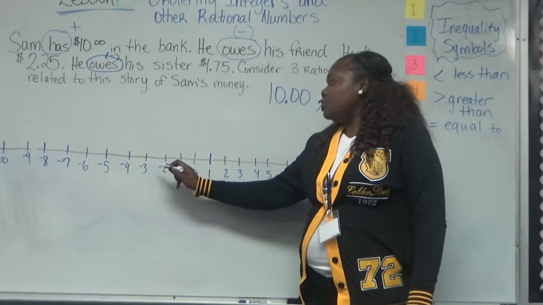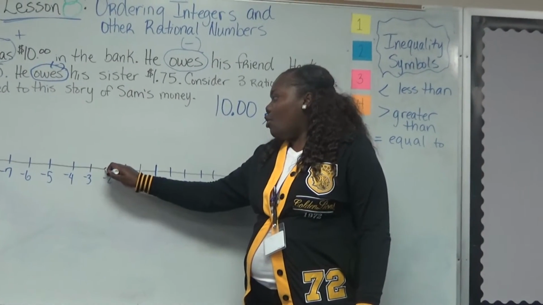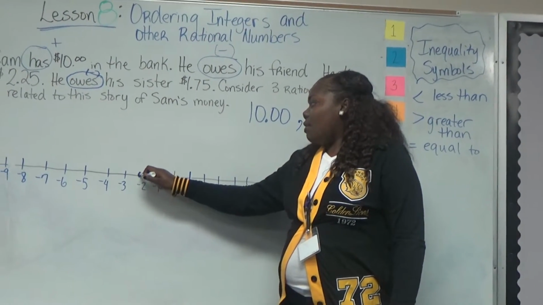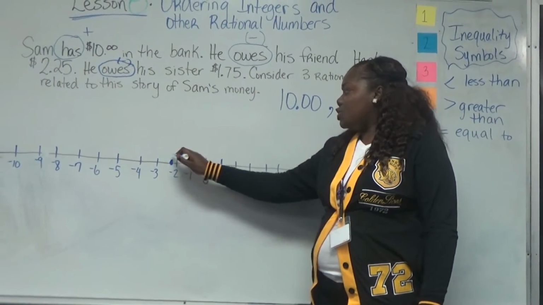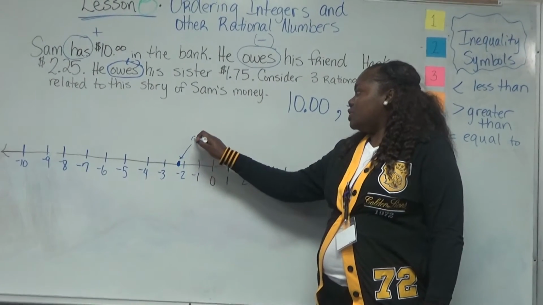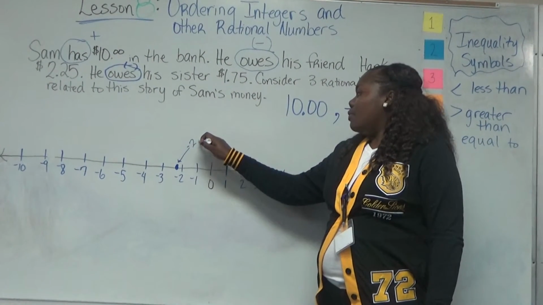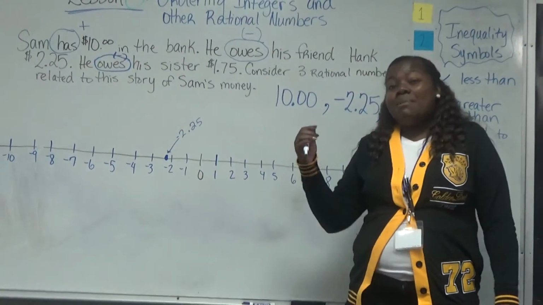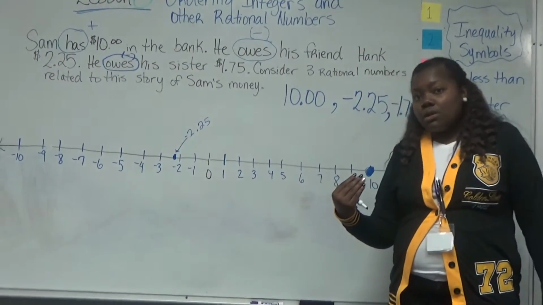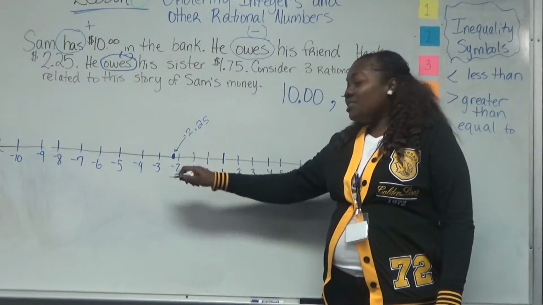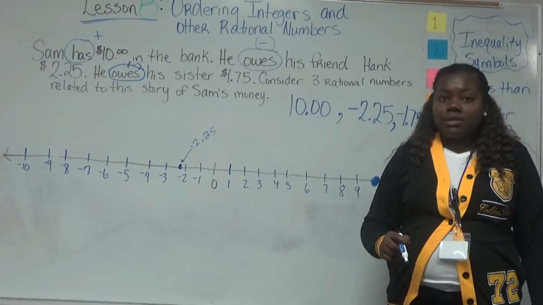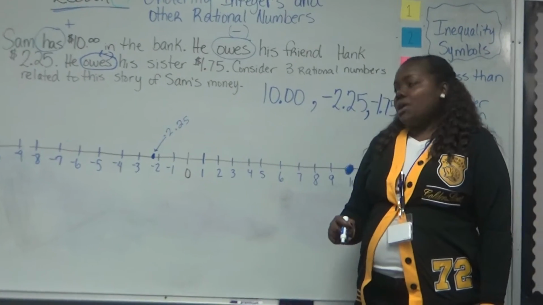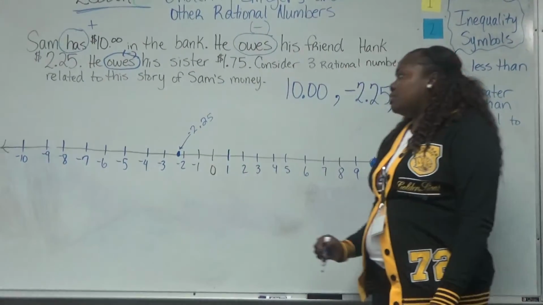Closer to the 2, because this is just $2.25. So it's going to be about right here, kind of close to the 2. Make sure that you label that as negative 2.25 so that we know exactly what you were trying to put there. Make sure that it's closer to the 2, because directly in the center would be $2.50.